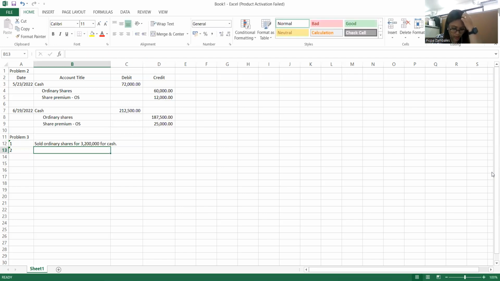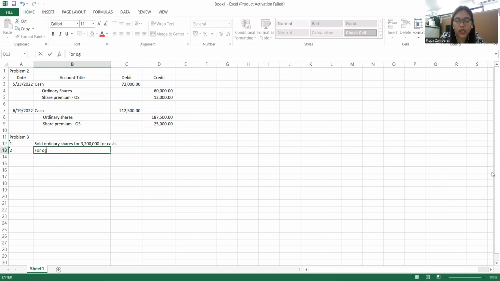Then number 2, as you can see, there was a debit of 40,000 to organization expense, a credit to cash for 25,000, and also a credit to ordinary shares of 15,000. So meaning, there were services rendered, and that is an organization expense.